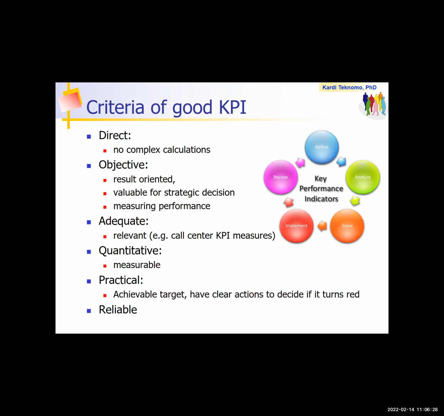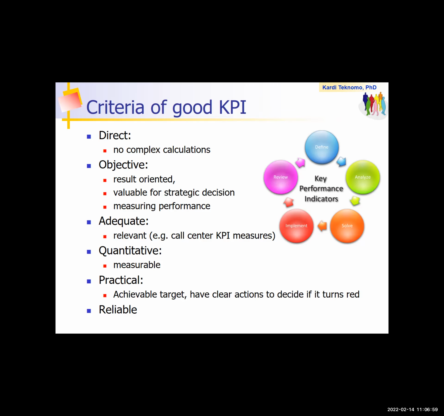So look at this. Criteria of a good KPI. The good KPI must be direct. The computation should be easy, not so complicated to compute. Maximum, probably the most complex is standard deviation. Objective, meaning the good KPI must be result-oriented, based on certain results, and valuable for strategic decision.